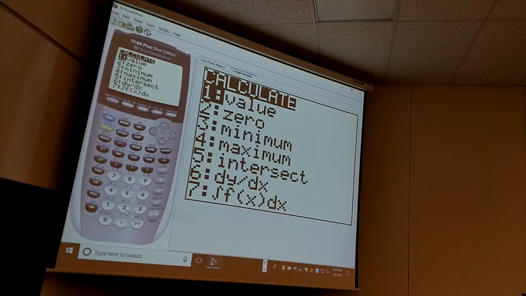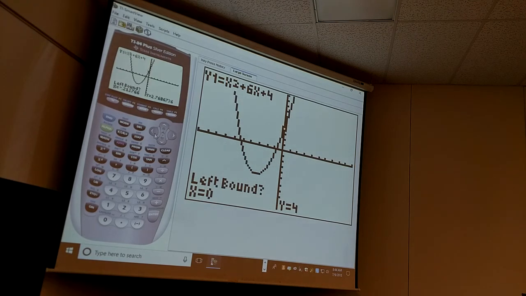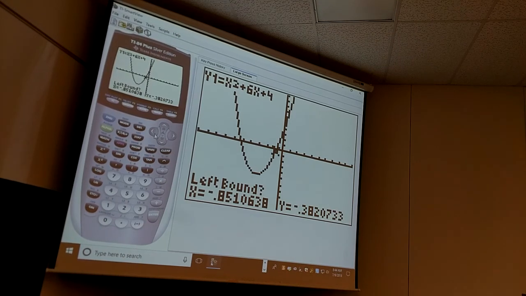If we do zero, it's going to ask us 3 questions again. Because left and right get a little freaky sometimes with certain functions, put your cursor on the answer and then hit the left arrow to get the left bound. I want to be a little left of the answer. I'm going to give it an area to search in.